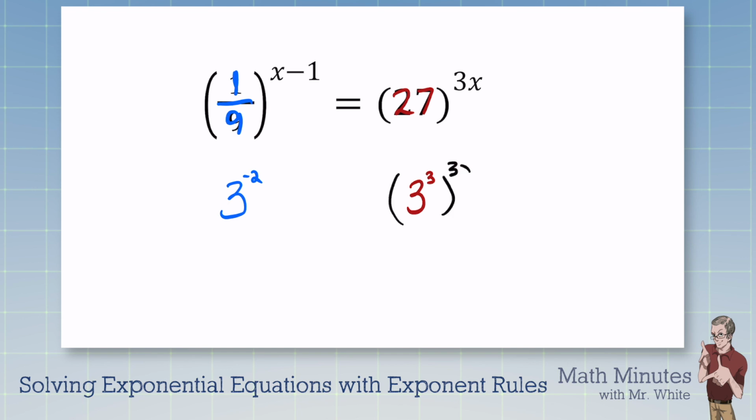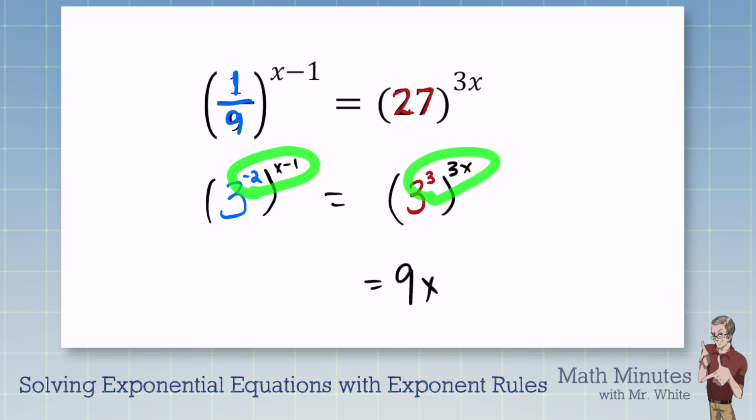Again, you're going to have to remember these math facts and how to work with exponents. Over here, this is x minus 1 up in the exponent. So now we have 9x, right? When you multiply these two, you get 9x. Now let's multiply these, and we get negative 2x plus 2.